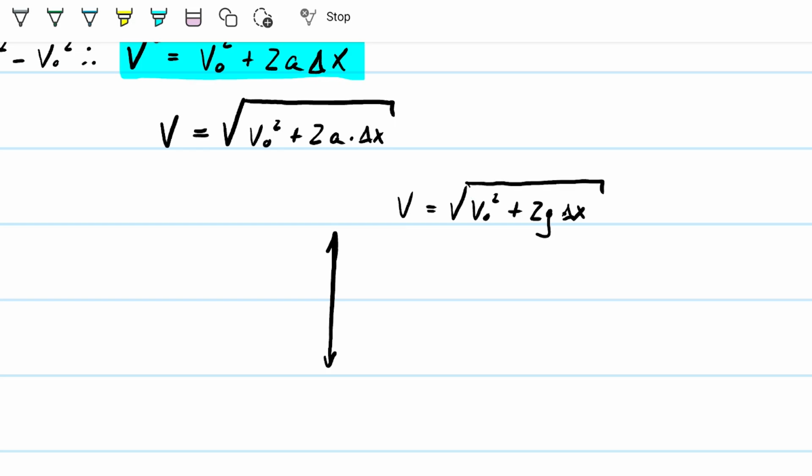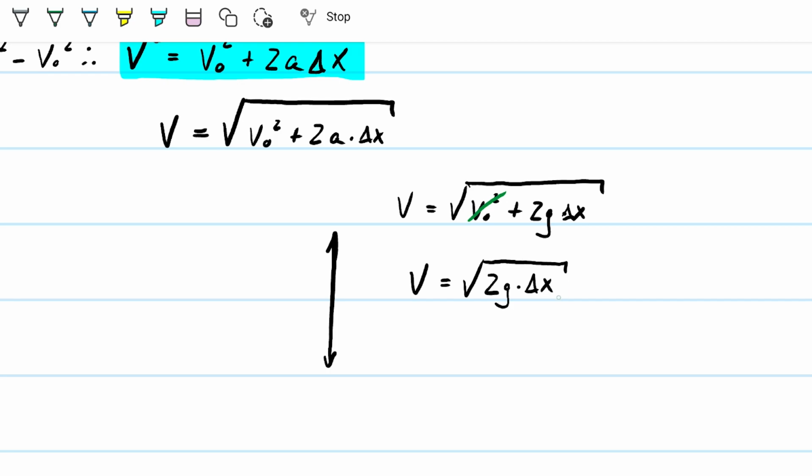And yet another simplification that often happens is if this object is at rest when time is 0, so before the action takes place, it's at rest, then obviously this component goes away and you have a simplified form, which is the velocity is just going to be the square root of 2 times gravity times whatever distance it has traveled.